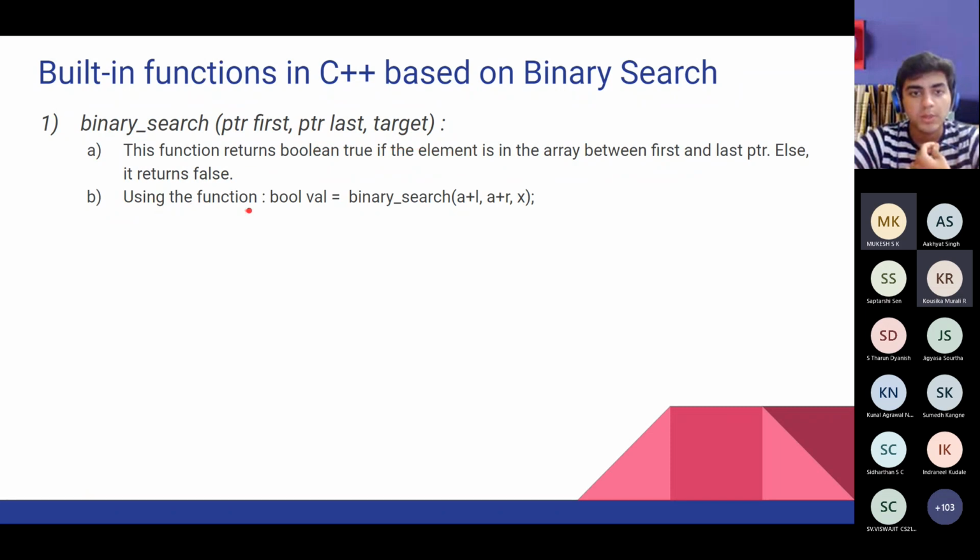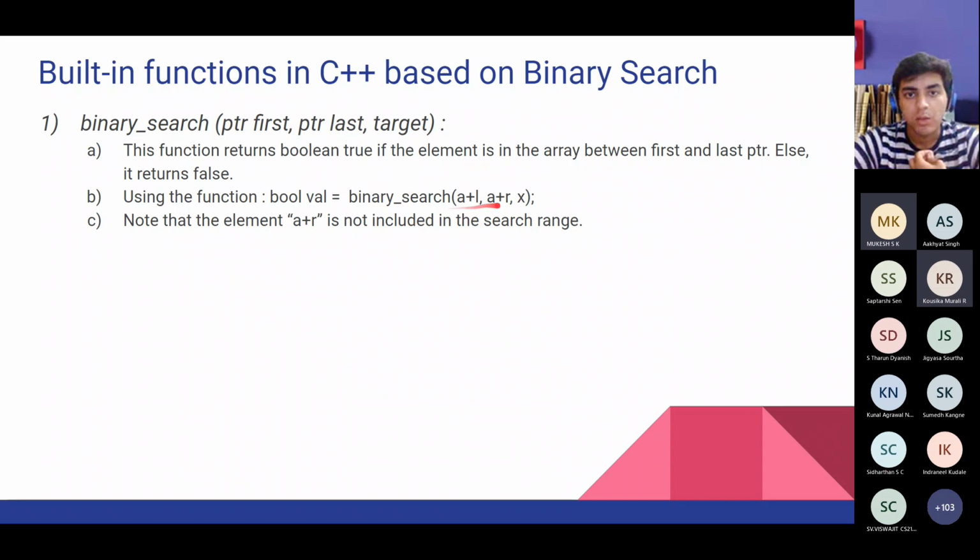So we can use this function as, suppose, Boolean value equal to binary search A plus L, A plus R, and the target value X, where A is the array of n elements that we have. Note that the A plus R term is not included in the search range. So if our X value is between A plus L and A plus R, where A plus R is not included, then we'll get true, otherwise we get false.